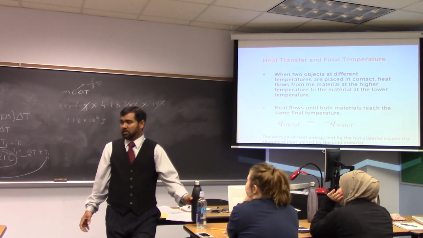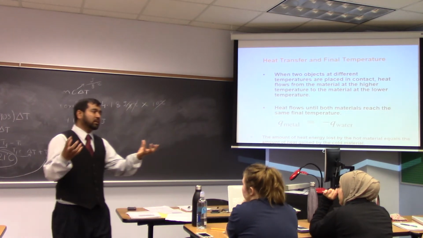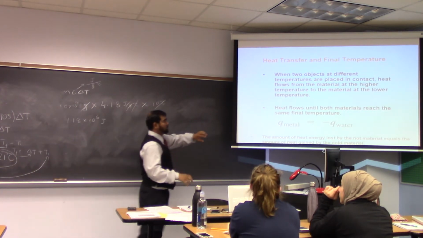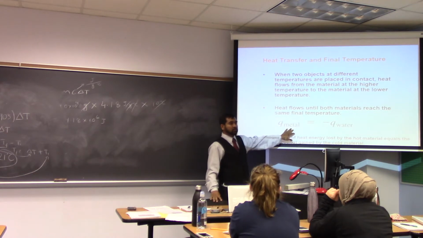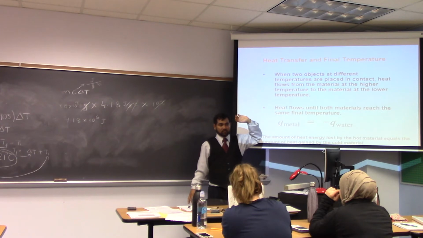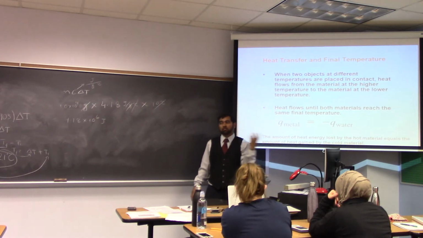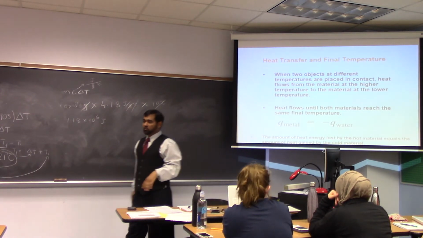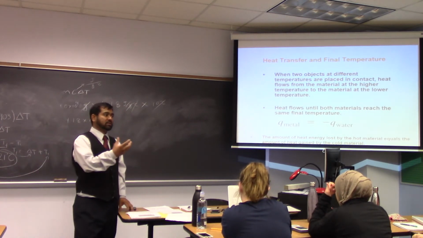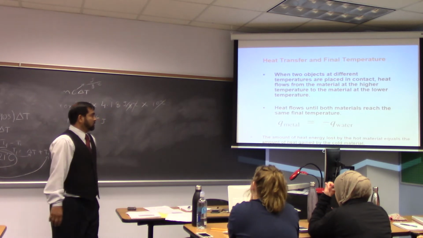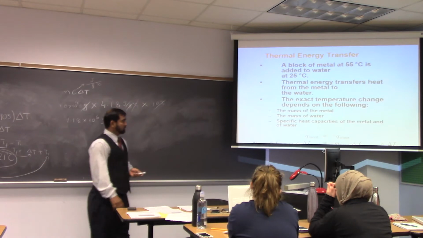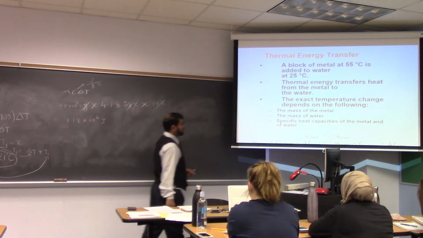So my point is, if two objects at two different temperatures are mixed together, the amount of heat absorbed equals the amount of heat released. It could be one metal and one liquid, or two liquids; at least one has to be liquid to make the temperature homogeneous. So how would that go? Let's see a different example.